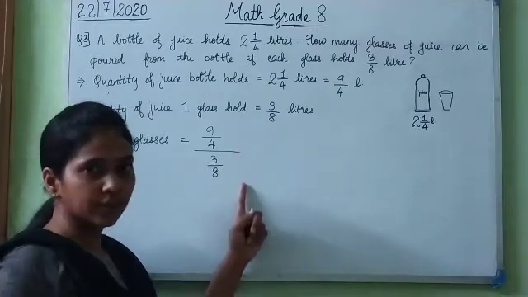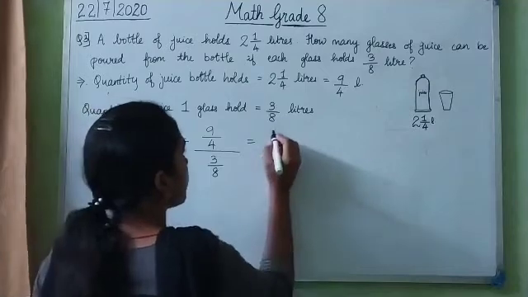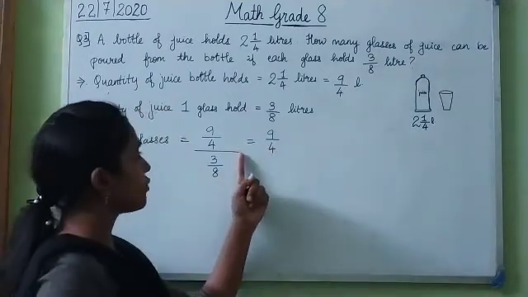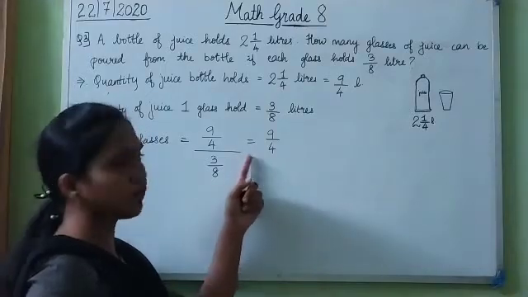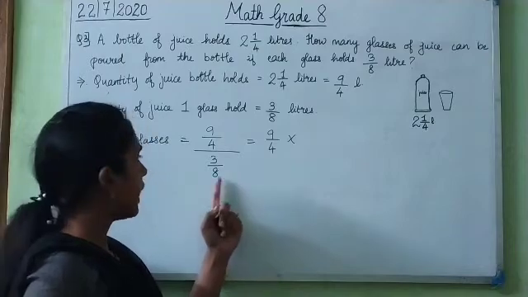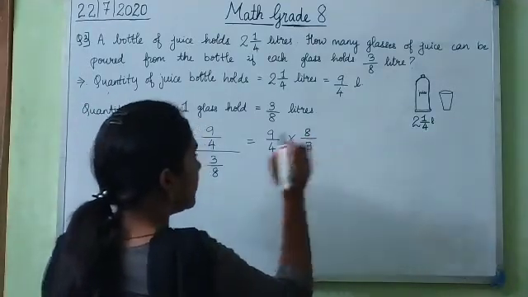Now again, these are two fractions which are divided. So we have seen how to divide two fractions. How we divide? In place of the division sign, we put a multiplication sign, and we take the reciprocal of the other fraction, right? So the reciprocal of 3 by 8 will be 8 by 3.